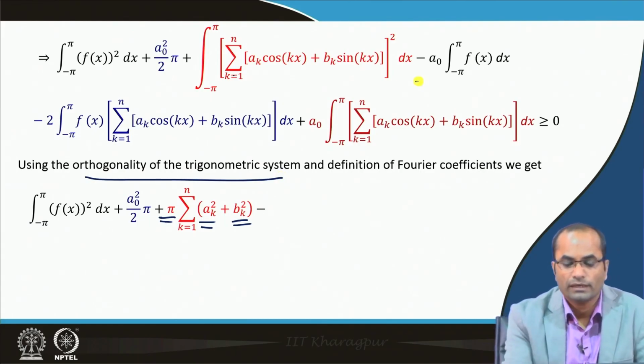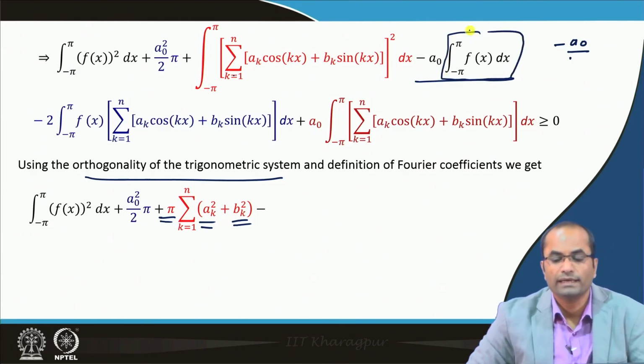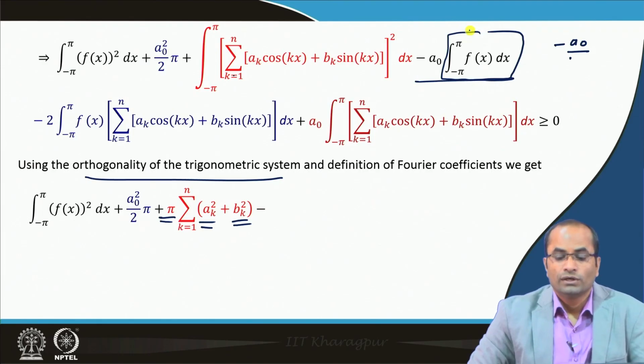And now we are at this term here, minus a_0 times the integral from minus pi to pi of f x dx.